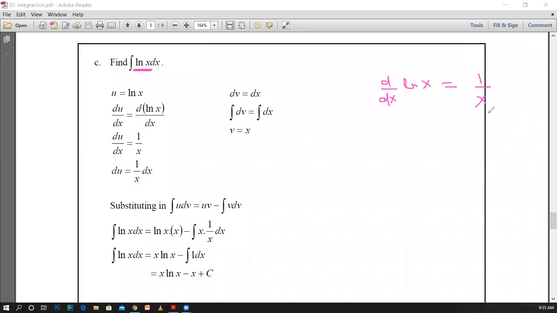Therefore, if you integrate 1 over x dx, you obtain ln x. Now we have to pay attention to what we get if we have the function as the integral of ln x. Now we need to identify what this quantity is.